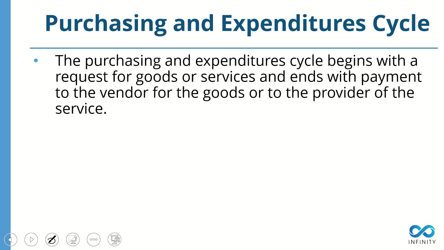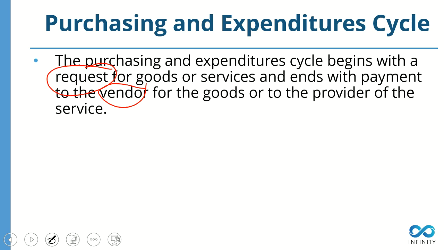Again, we have here the purchasing and expenditure cycle. This cycle starts with a request for goods or services and ends with payment to the vendor. For example, if an employee in your organization wants to buy a laptop, he will make a request.